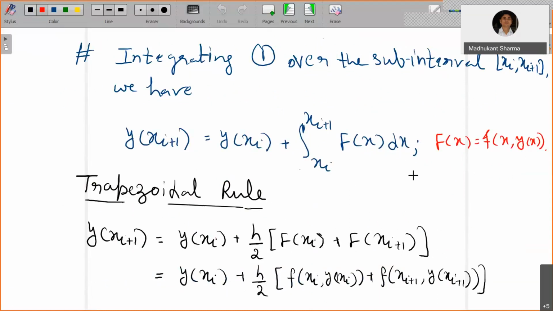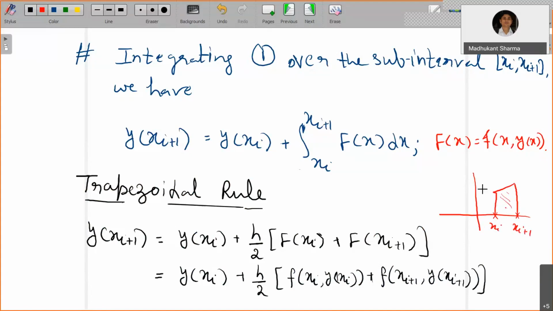If you recall, b minus a times f of a plus f of b divided by 2 is the area of a trapezium, between the points xi and xi plus 1. If you look here, this is your xi, this is your xi plus 1, and this is the trapezium.